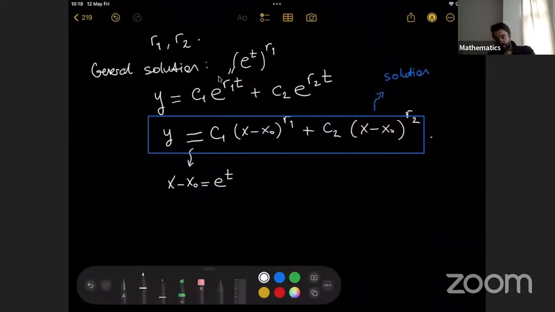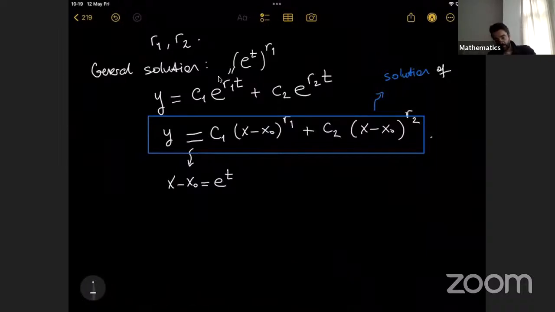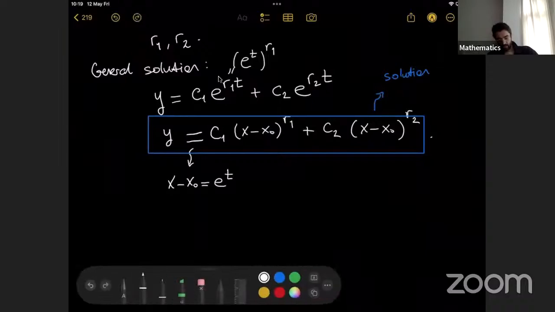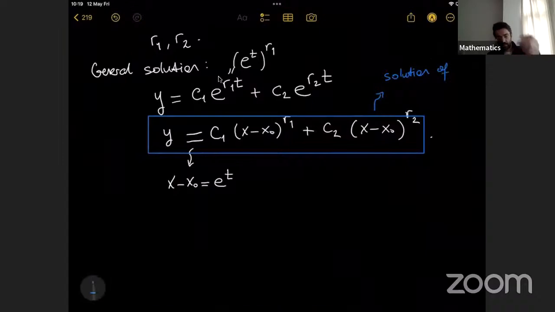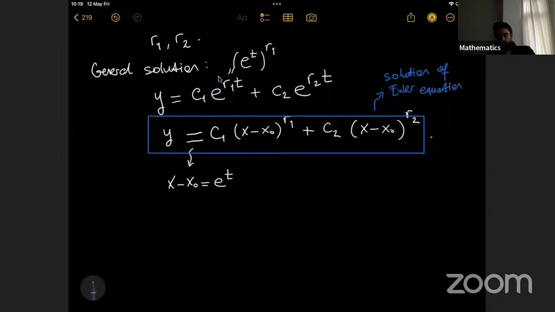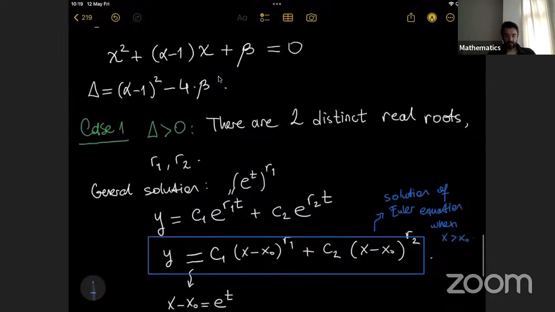Solution of the Euler equation when x is bigger than x0, in the case of delta positive.